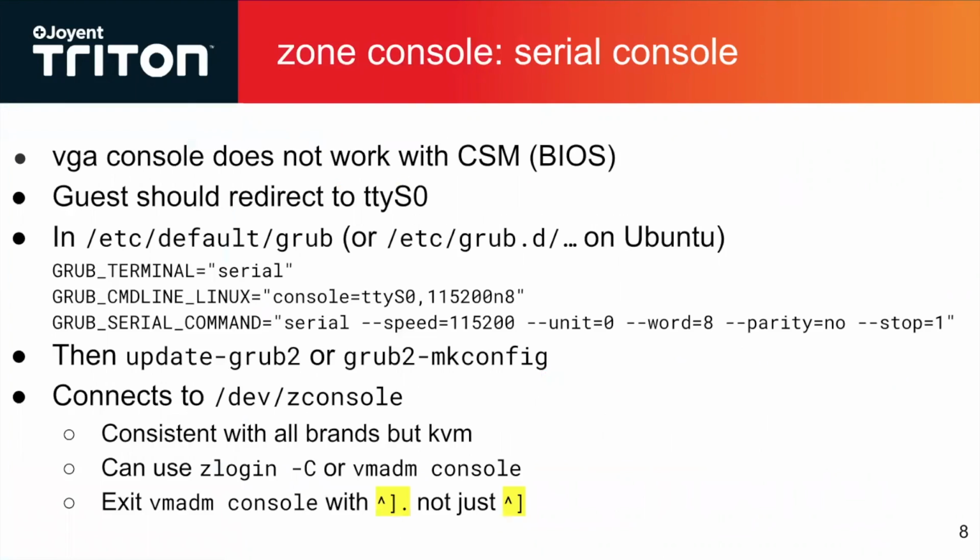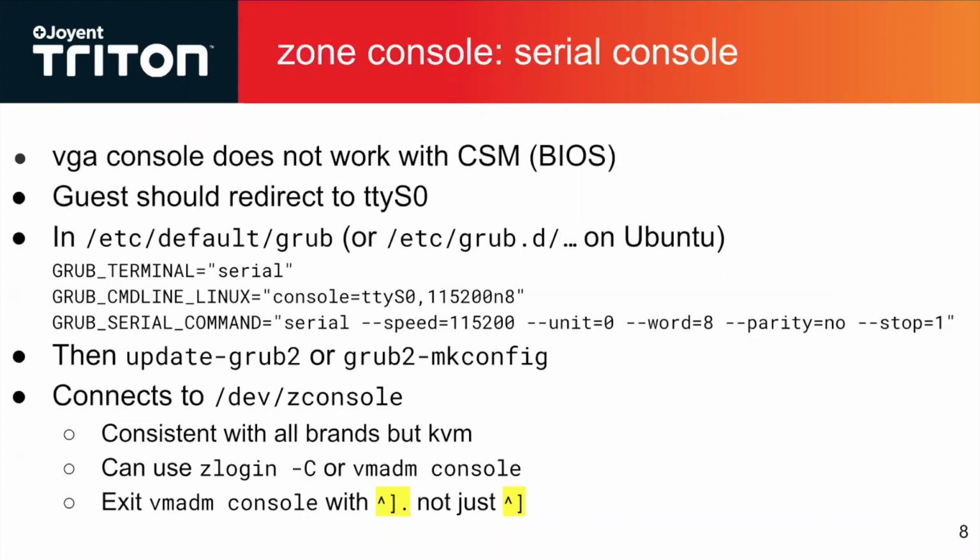So as I mentioned before, the serial console is needed if we are using BIOS emulation. The guest should redirect to ttyS0 or ttyA or COM1 or whatever it wants to call the first serial port. On Linux distributions, this is most commonly done by editing /etc/default/grub, at least those Linux distributions that are using grub 2.